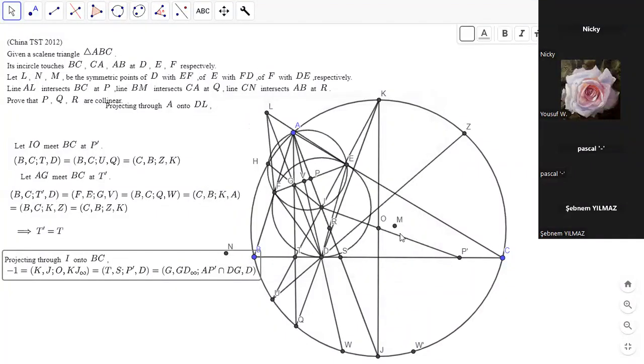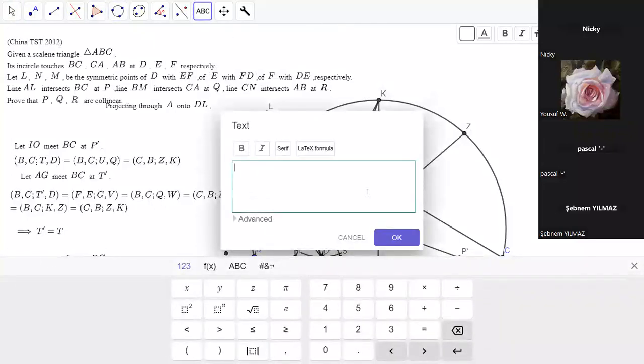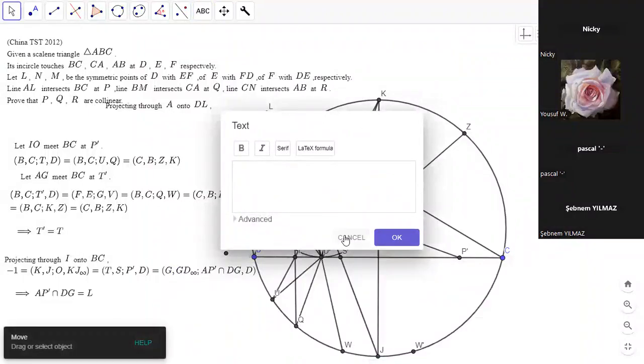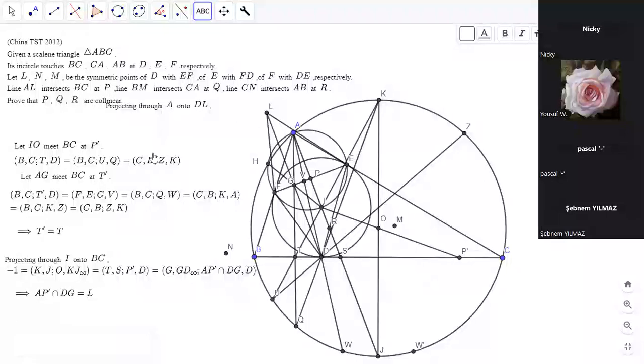So this basically implies that AP prime intersects DG at L. Because in order for this to be harmonic, since this is infinity, G has to be the midpoint of LD, and so let's see, where does this go?